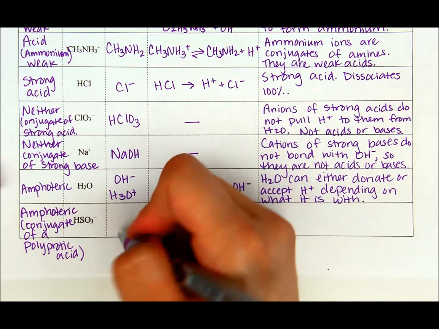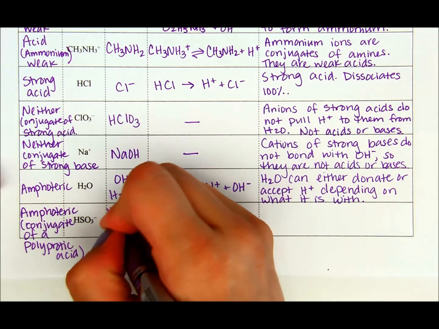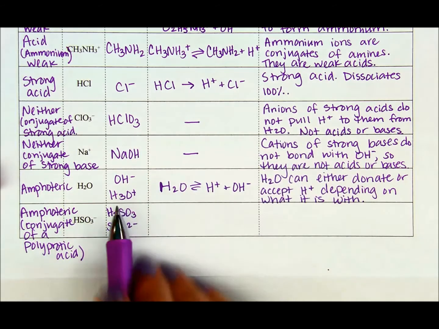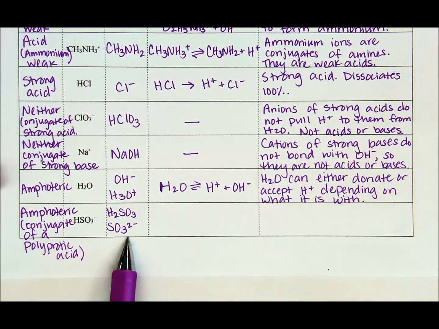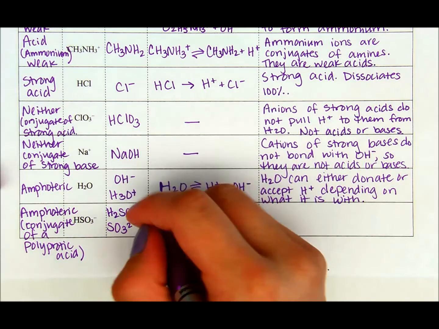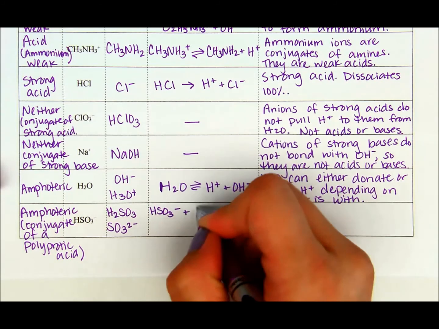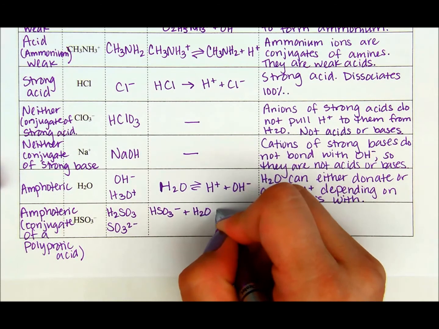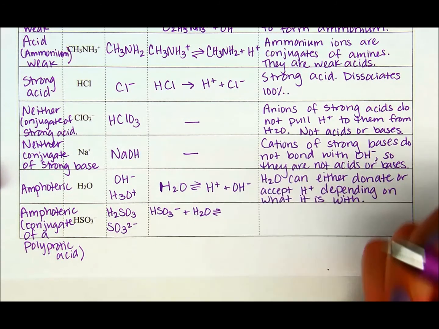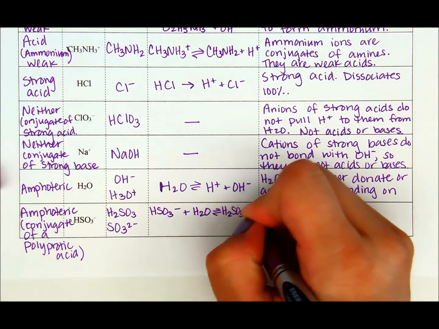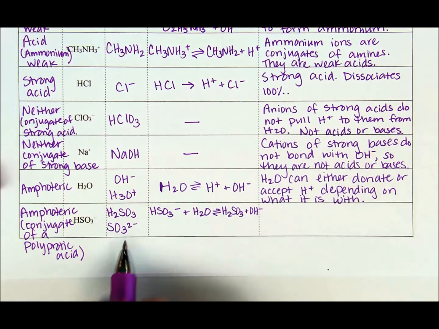So the conjugate can either be H2SO3 or SO3 2-, depending on whether it gained a proton or in this case lost a proton. So here, if we're going to look at it gaining a proton, the reaction would be HSO3- plus H2O. And since this is weak, it's going to be in equilibrium with H2SO3 plus OH-.